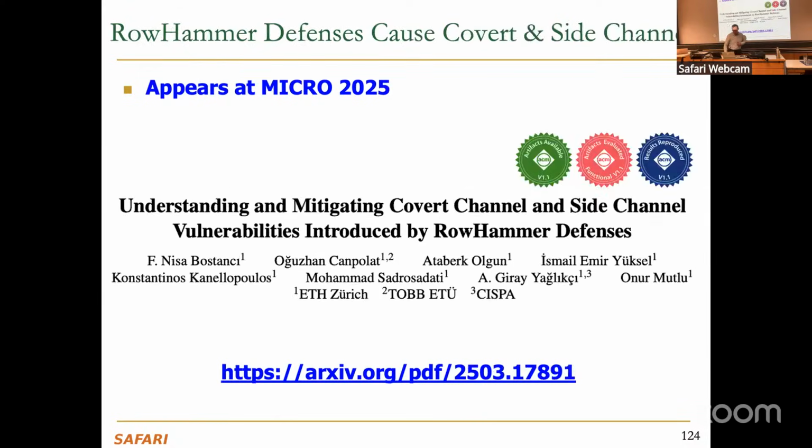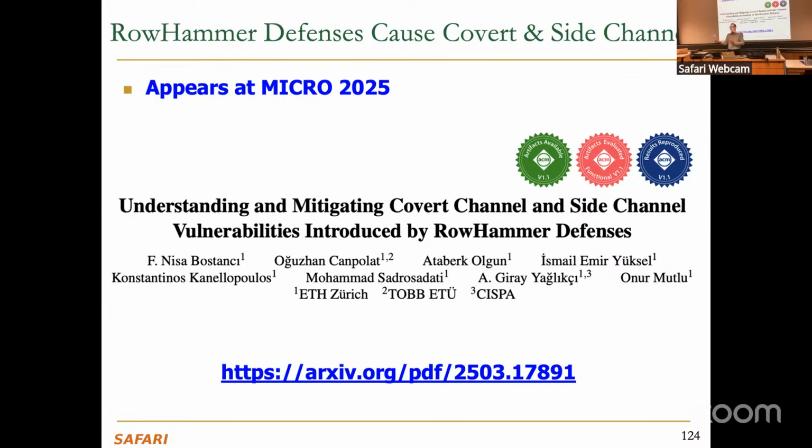Okay, and Nisa has done work on some of the side channel and covert channel vulnerabilities that are new, that are introduced by these RowHammer defenses. So whenever you actually come up with a new defense, that could also be a new attack. I like this thinking. Whenever you're designing a system, this is like the Half-Double, right?